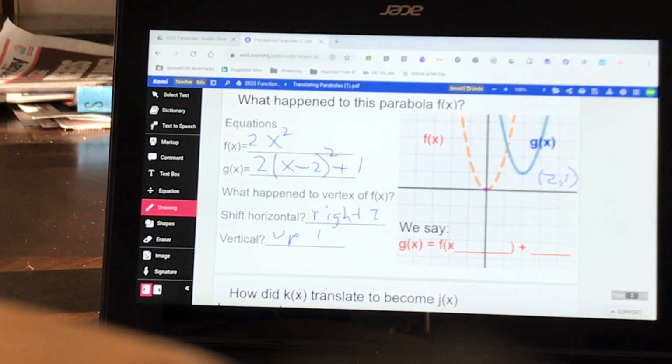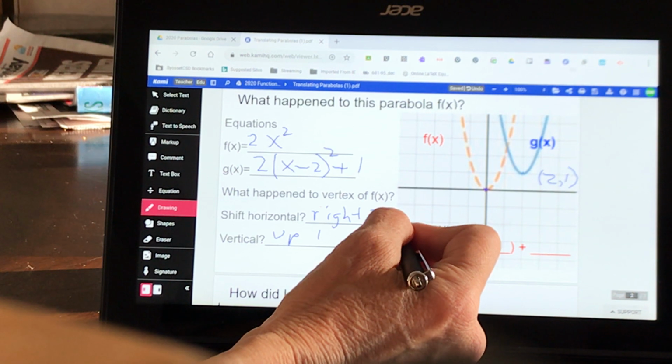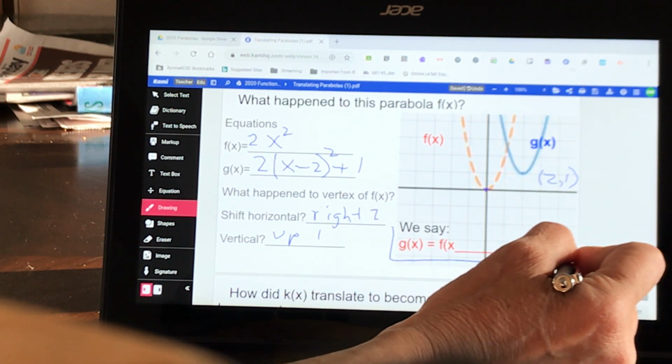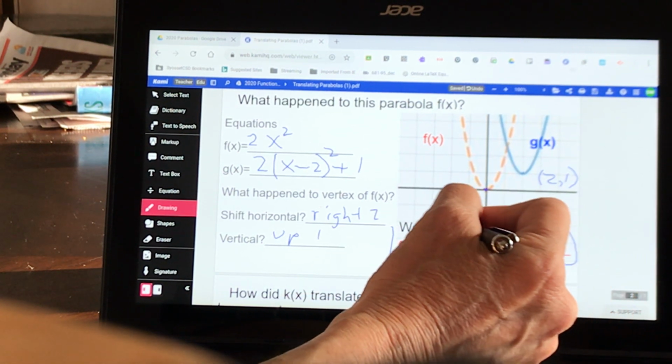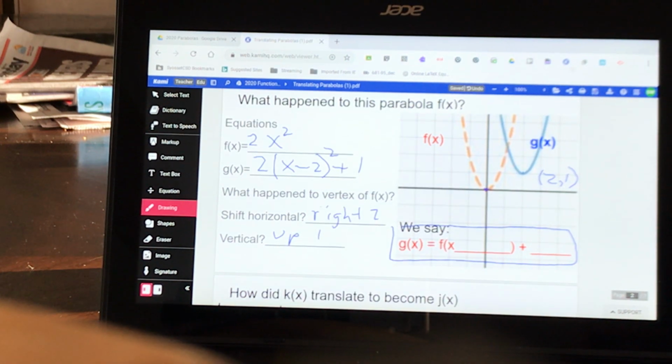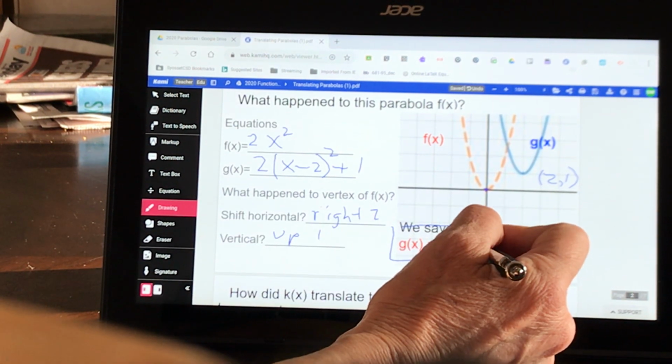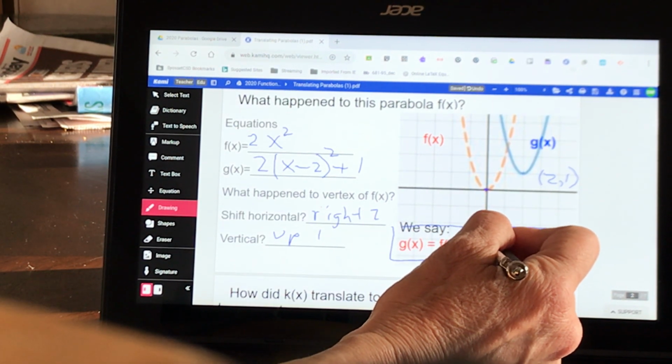Now, when we talk about function notation, or translation notation, this can be any function. We don't have to worry about the x squared because we don't have to worry about the quadratic family. We're just talking about the new function g of x and how it moved from the original function f of x. So if it moved to the right 2, that means on the inside we have minus 2.